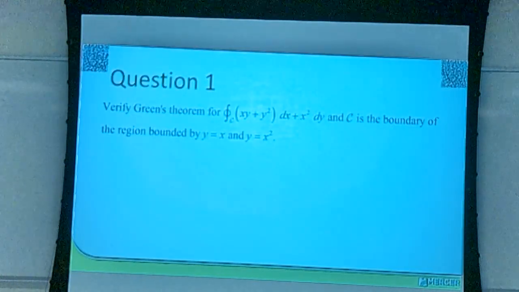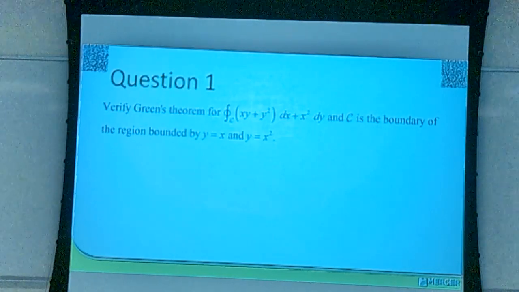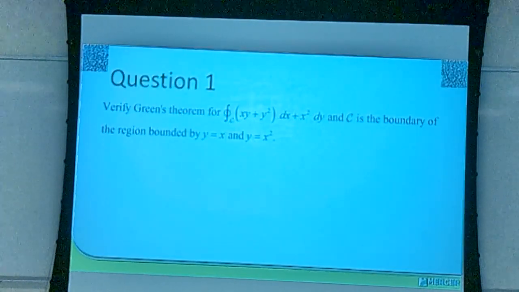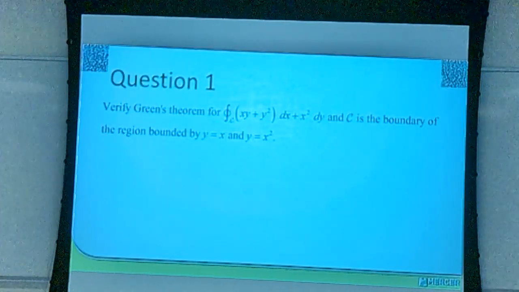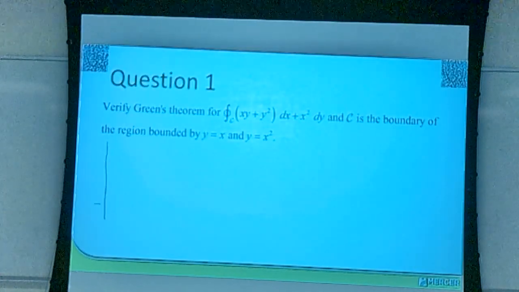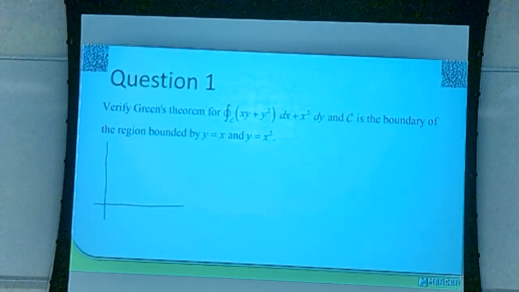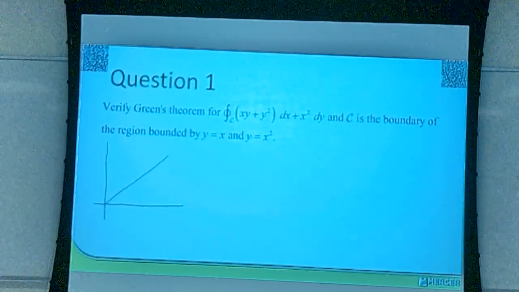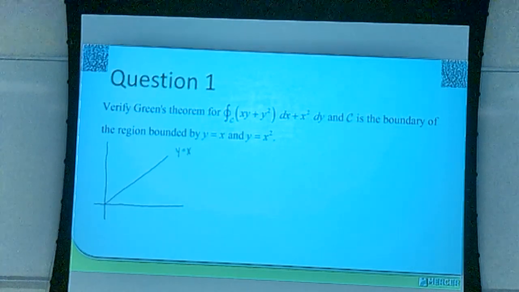C, the curve, is the boundary of the region bounded by y equals x and y equals x squared. That's y equals x, right?